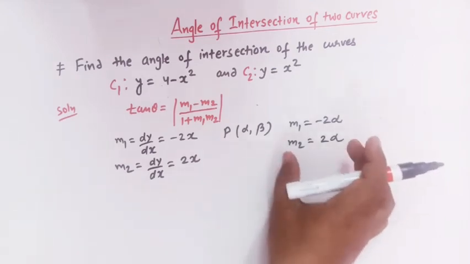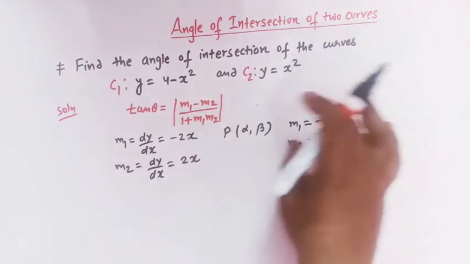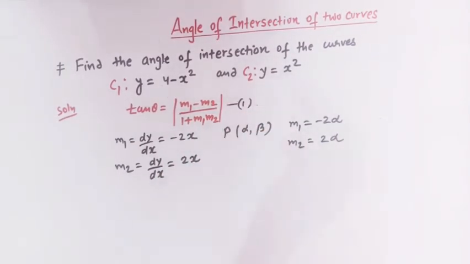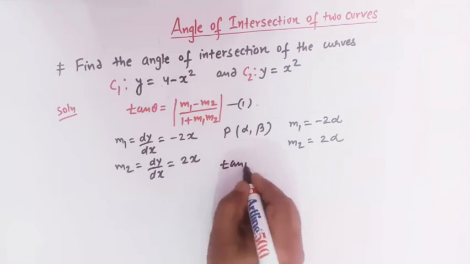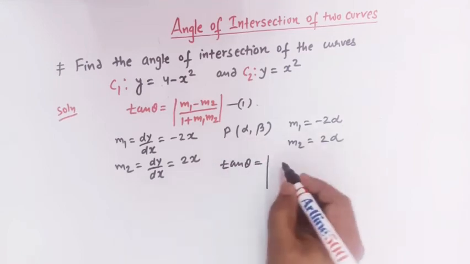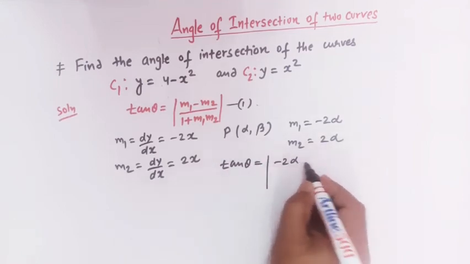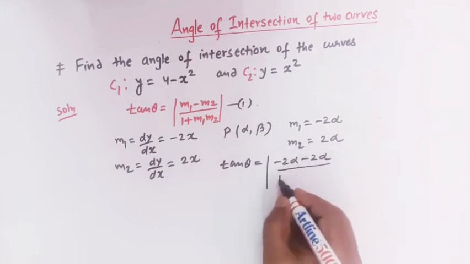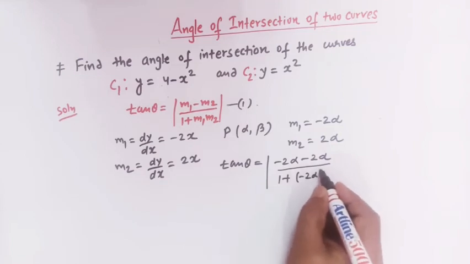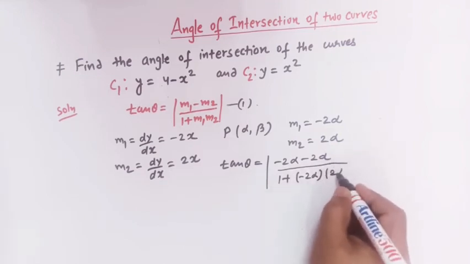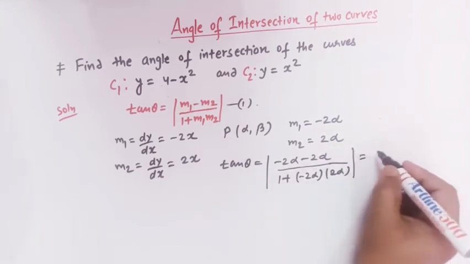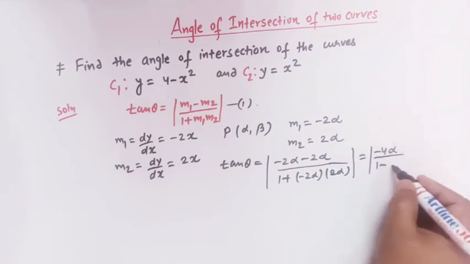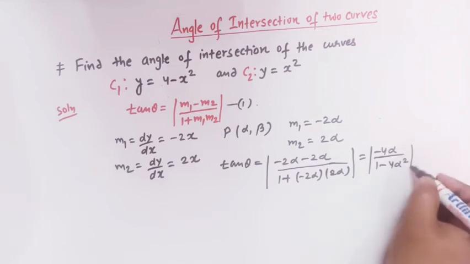Now let us substitute this value in this formula number 1. So tan theta is equal to minus 2 alpha minus 2 alpha, divided by 1 plus minus 2 alpha times 2 alpha. So this is minus 4 alpha divided by 1 minus 4 alpha square.